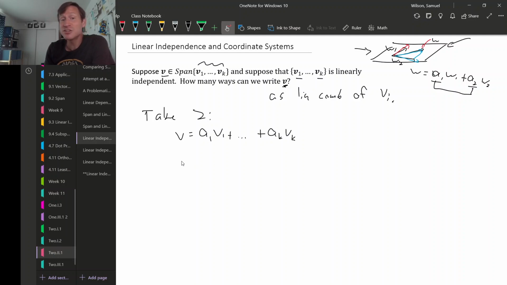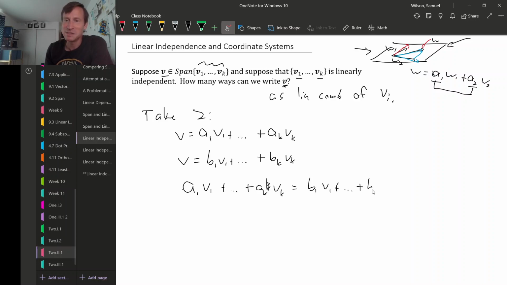And suppose that we can write v as a linear combination of v1 through vk in a different way, say b1 v1 plus dot dot dot plus bk vk. If they're both v, they're equal to each other. So a1 v1 plus dot dot dot plus ak vk equals b1 v1 plus dot dot dot plus bk vk.